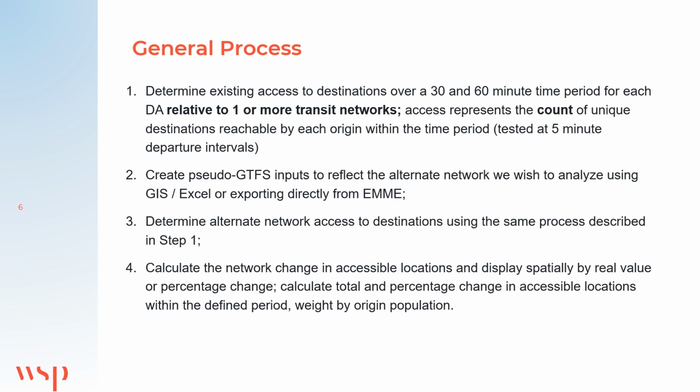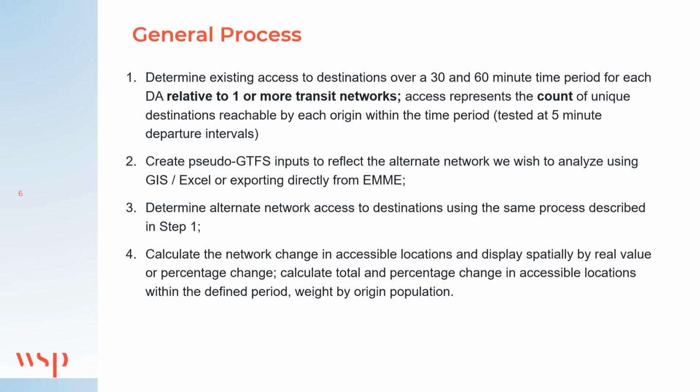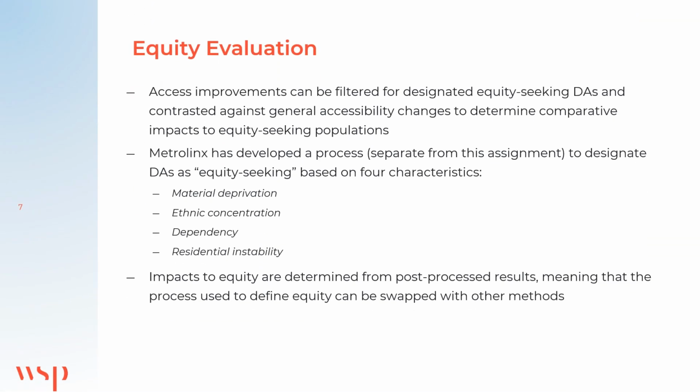Great. So that's the first half of the process, mapping and measuring the accessibility, and then the second half, more the equity impact evaluation, is effectively calculating an index score, which is how we can then filter the population and define neighborhoods that are equity seeking as opposed to the general population, which is the broad region as a whole.